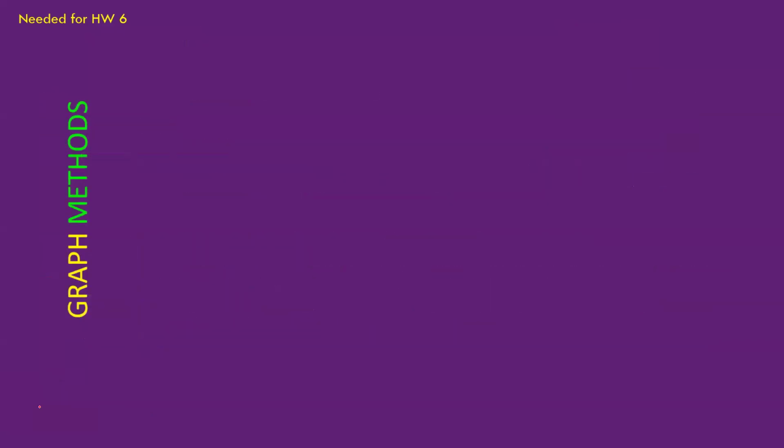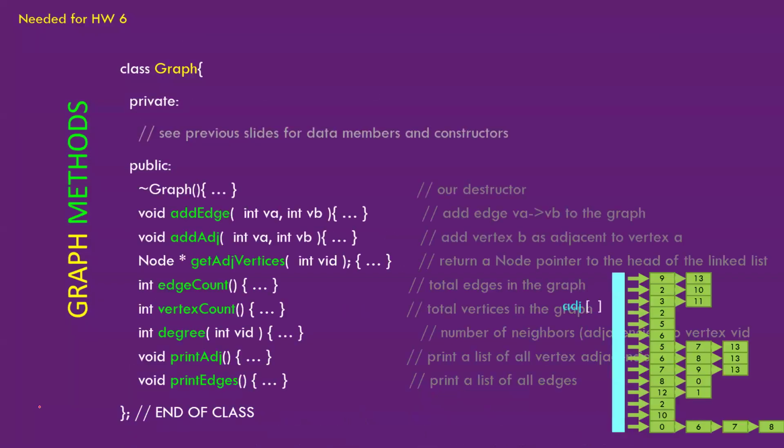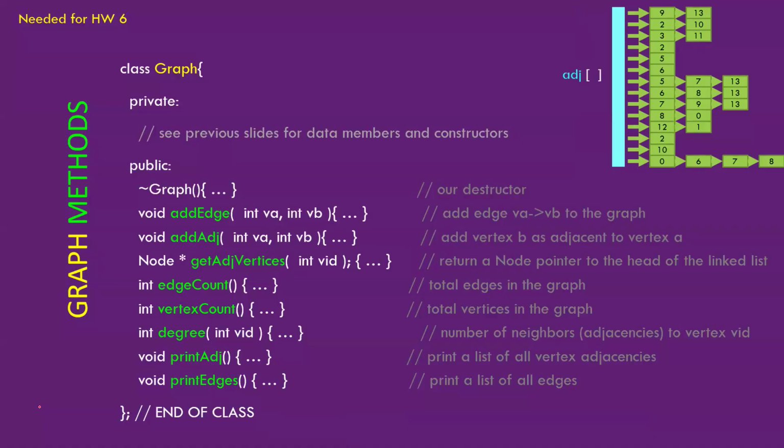Now, remember our primary methods. We won't use all these today, but we're really going to focus on get adjacent vertices. So again, if I have a graph and I say, hey, give me the adjacent vertices to vertex 2, say position 2, I'm going to get the head of a linked list.